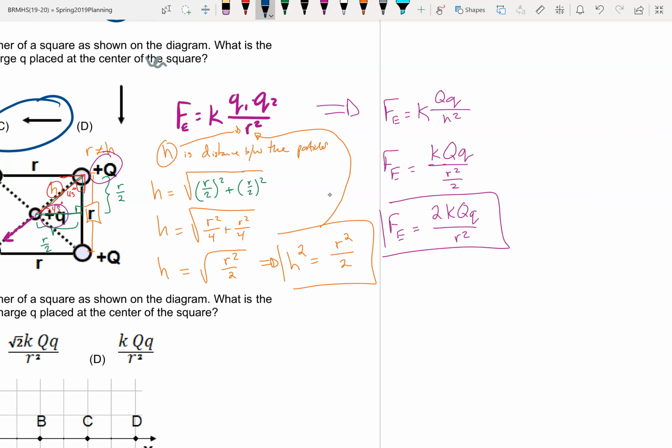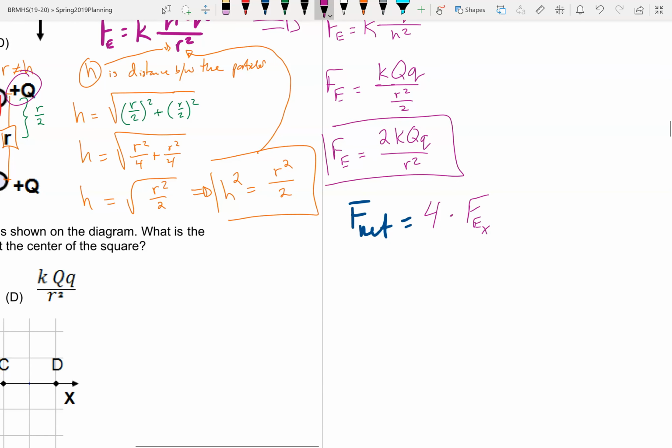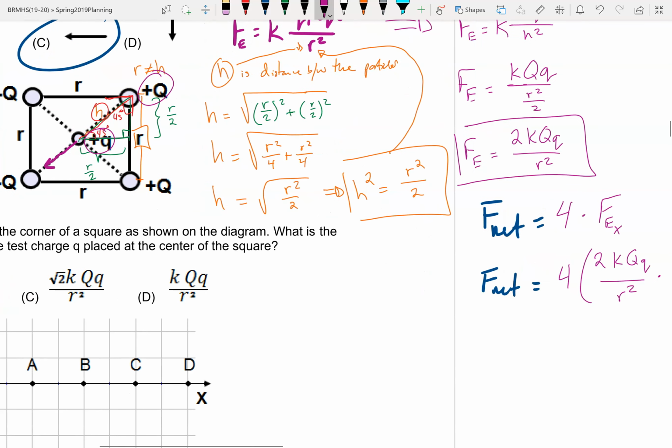So we'll say our net force is going to be 4 times the horizontal component of the electrostatic force. So I say Fe sub x for the x component. That's going to be the magnitude of the net force. So I've got 4 times 2k big Q little q over r squared times the x component.